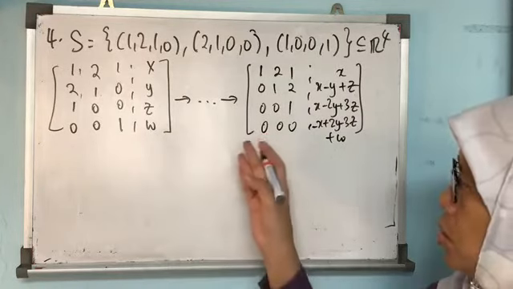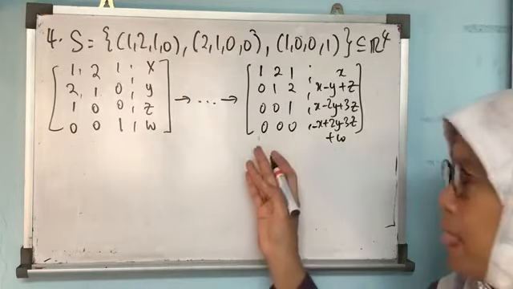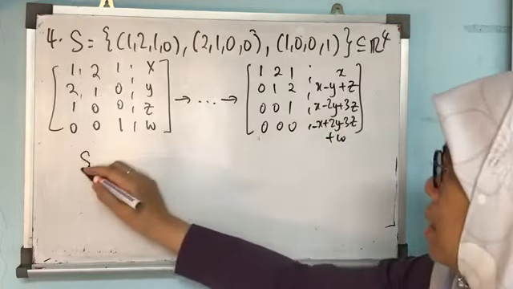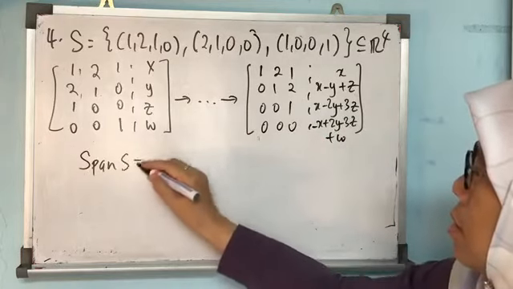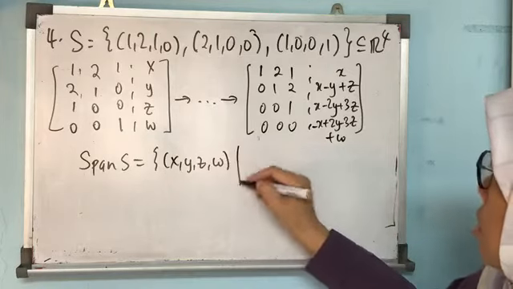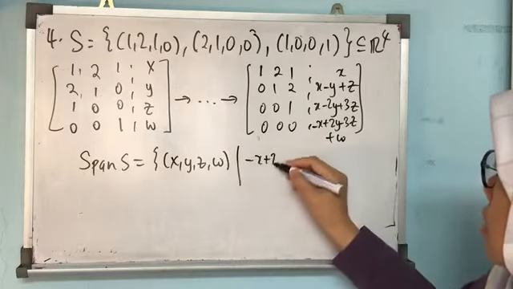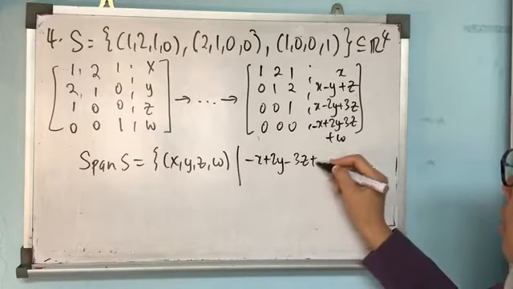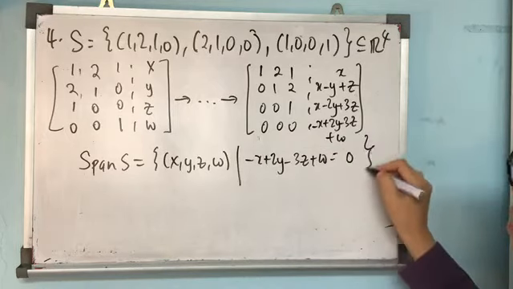Because if you don't double check, then your spanning set will be wrong. So this is X, Y, Z, W, negative X plus 2Y minus 3Z plus W equal 0.